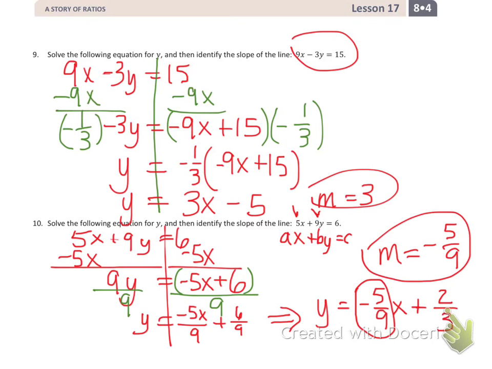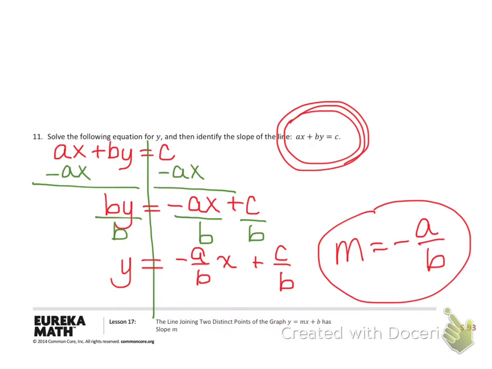So it's negative a over b. The same thing is true for number 9. Okay, that's kind of an extra for you there.